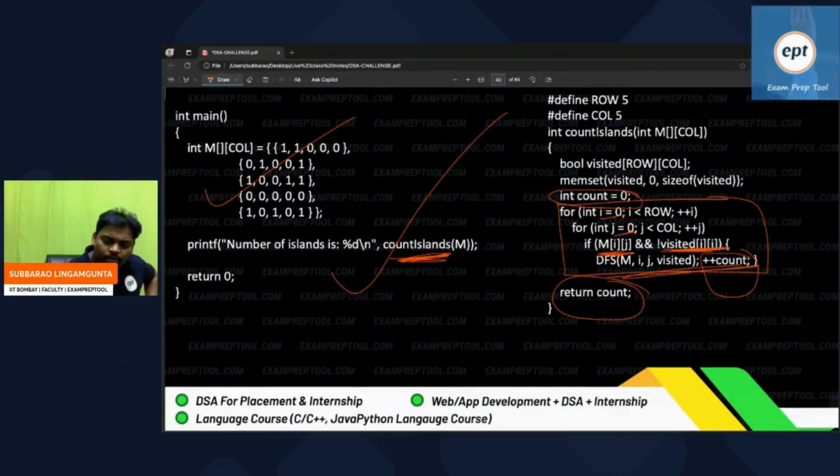Time complexity is order of M rows and N columns, that's it.